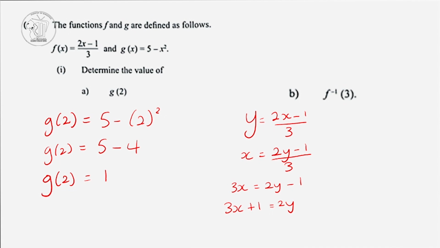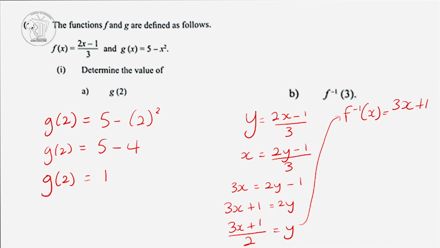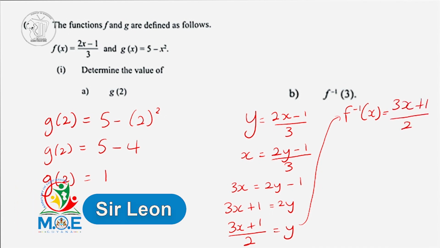Then last but not least, we take over the 2. 2 is multiplying, and we take it over, it will divide. So we'll have 3x plus 1 all divided by 2 is equal to y. And then we replace the y with the inverse notation. So we'll have f inverse of x is equal to 3x plus 1 all divided by 2.